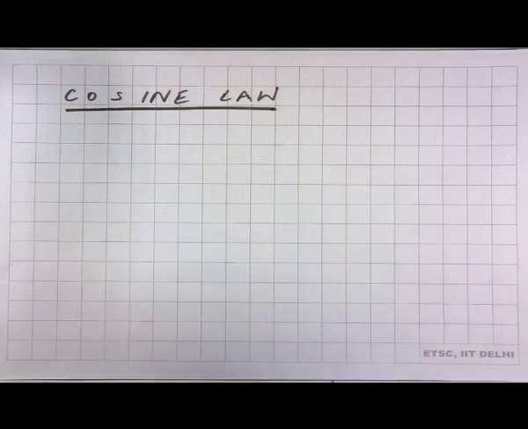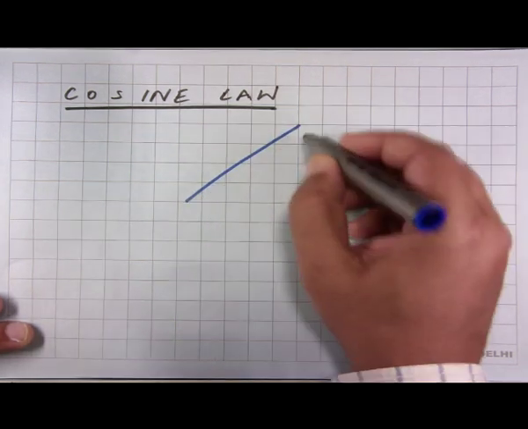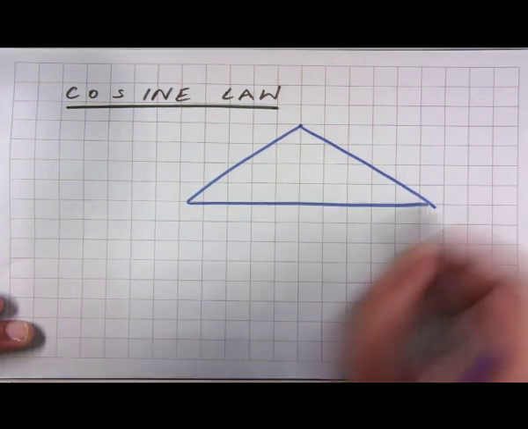Just like the sine law, there is the cosine law also, and we will again try to derive it here. So, let us take the same triangle again.